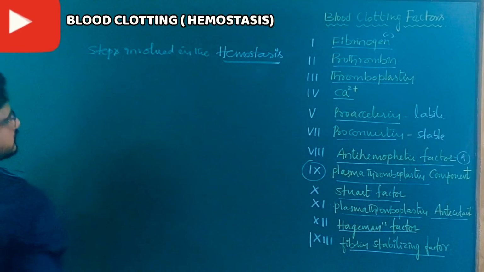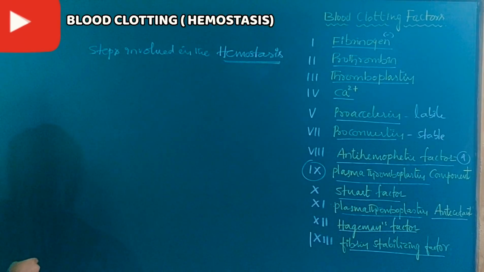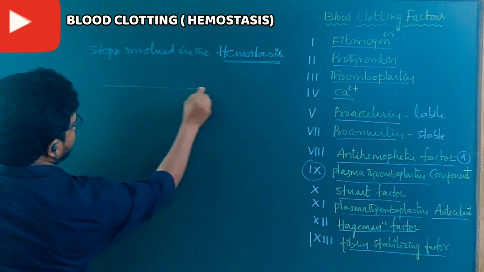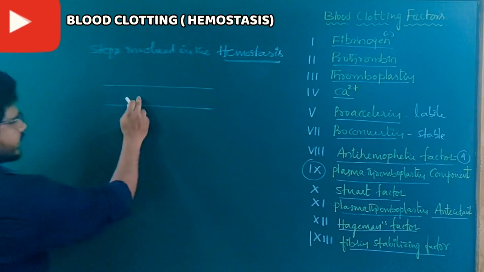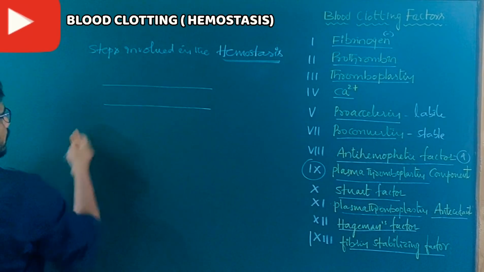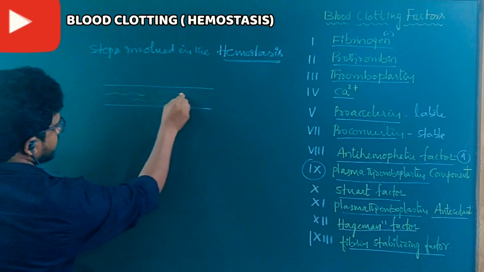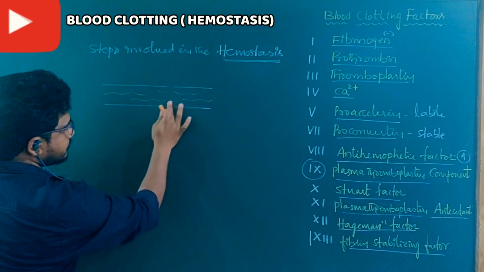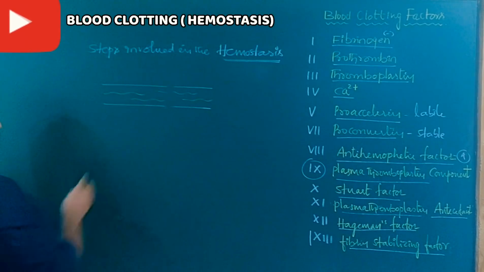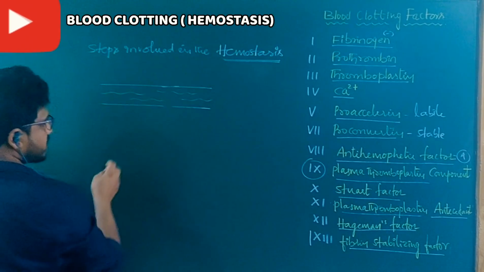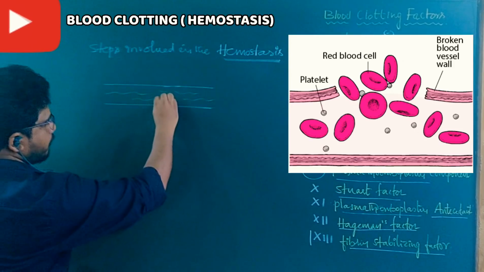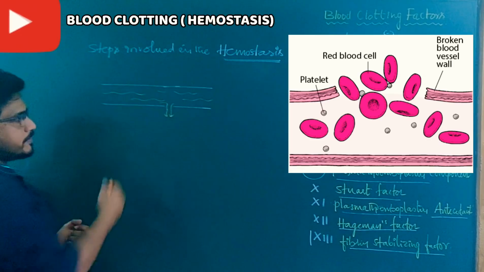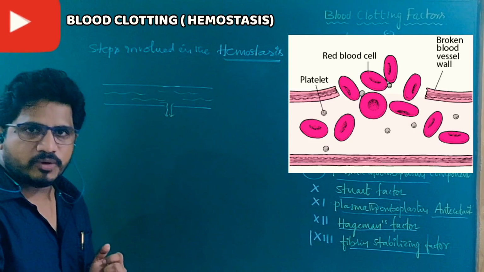Now there are 3 steps involved, but everyone should know that generally blood inside a blood vessel flows in its own direction, right? Once this blood vessel is cut or damaged, you just take one side, the damage, then the blood flow or components present in the blood come out through this damaged blood vessel wall.